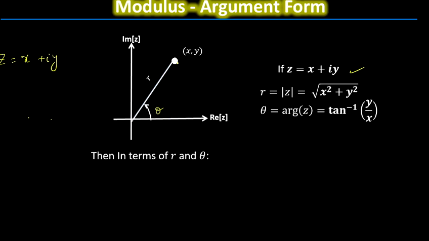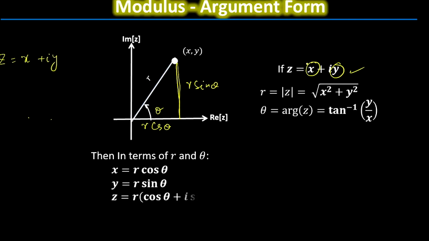Now if I extend this line, apply the trigonometric property, the basic trigonometry, this real part you can rewrite as r cos theta. Please pay attention. And this vertical height of the imaginary part you can write as r sine theta. So if I replace x by r cos theta and y by r sine theta, then you see what you get.